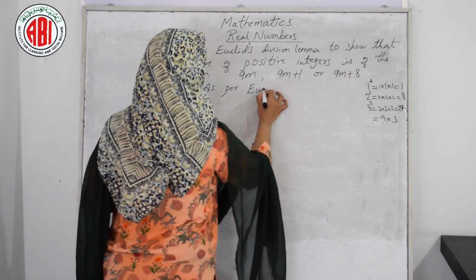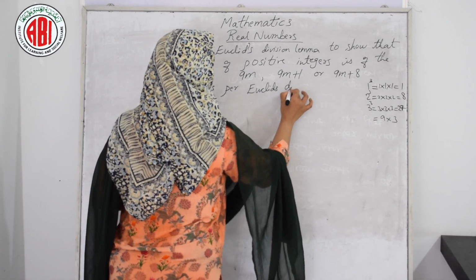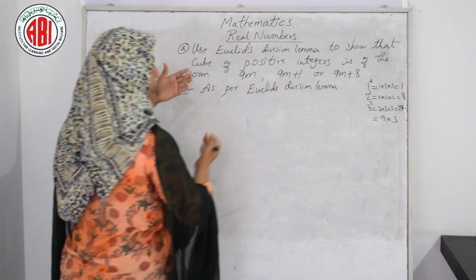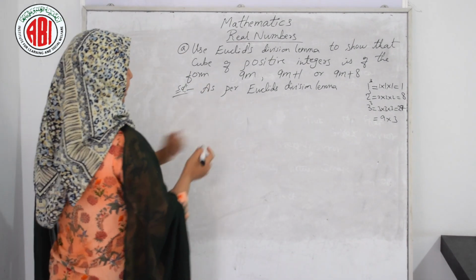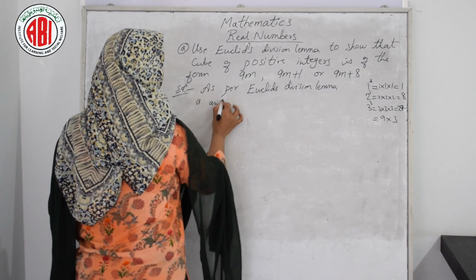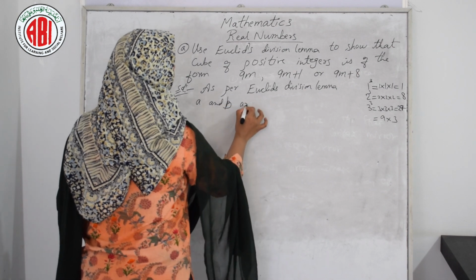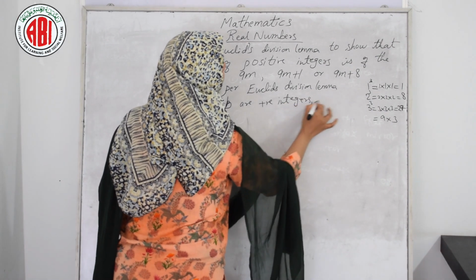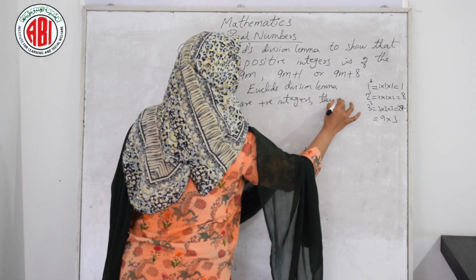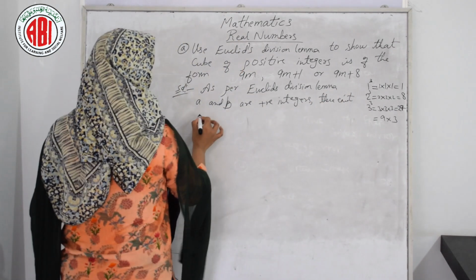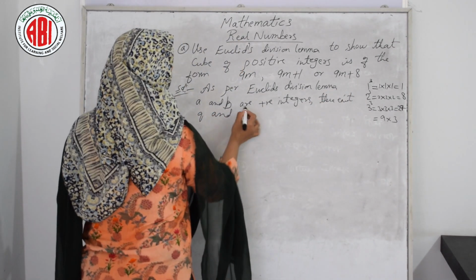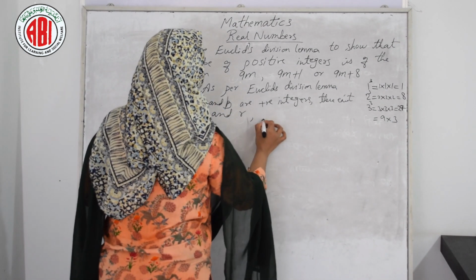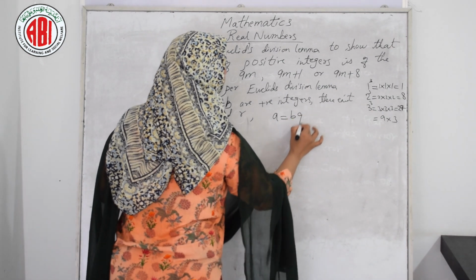First, apply as per Euclid's division lemma. In this kind of problems, always you have to write this step. As per Euclid's division lemma, a and b are positive integers, there exist q and r, also positive integers, such that a is equal to bq plus r.